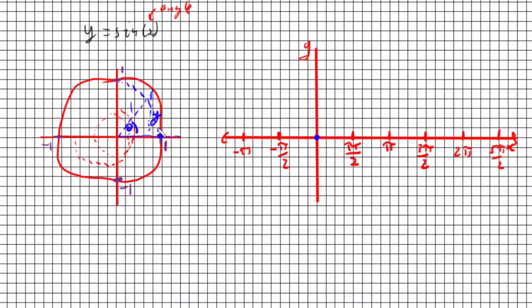And as I move around the circle, I get more and more height until I reach this point here, which is a rotation of pi over 2, which means that I've got a maximum height of 1. So if I put that there as a maximum height of 1, that's as far as I go up.